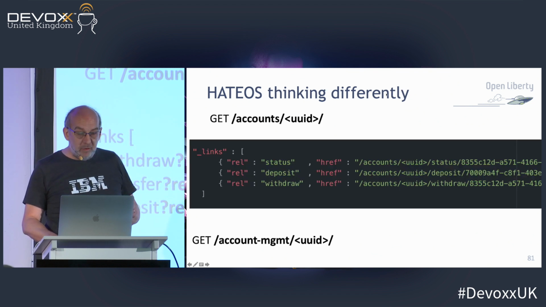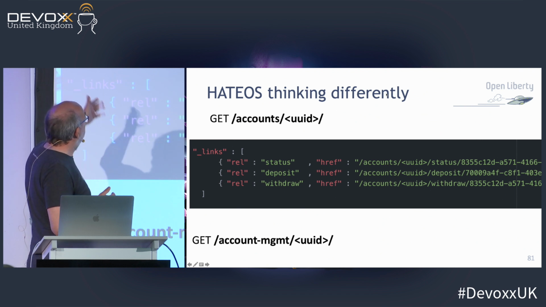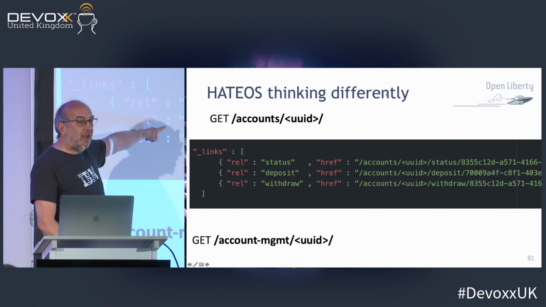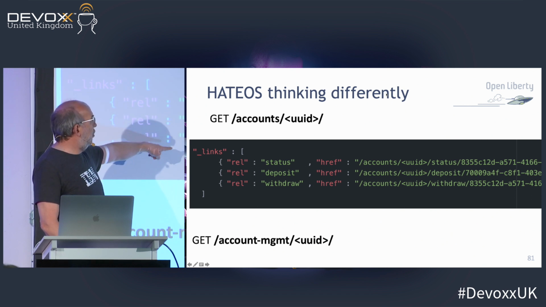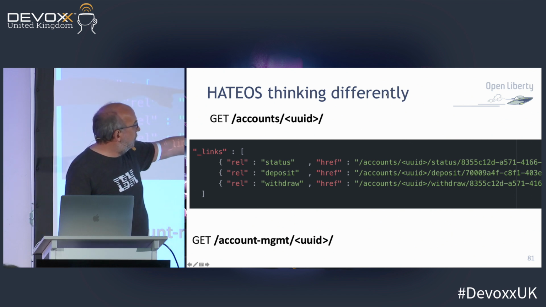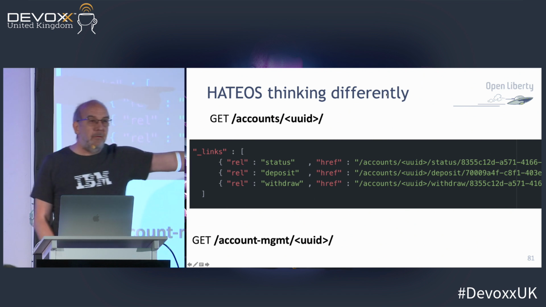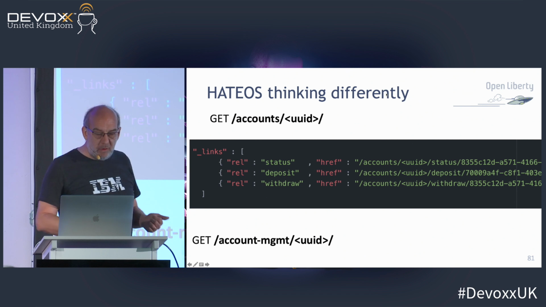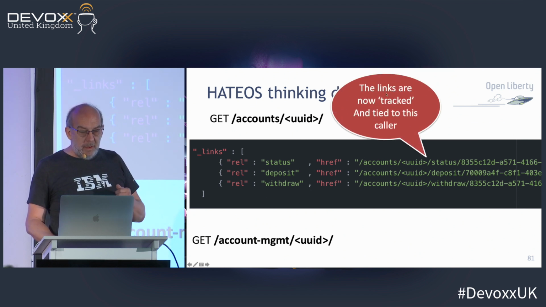Okay, so let me show you, it looks something like this. So I might have my accounts get a UID back, and I get status, that's going to give me the data, a deposit and withdrawal. And I get the endpoints, but I get magic information attached with it, however you put it in there, whether it's parameters or URIs, okay? Okay? So I'll explain how this works in a sec.